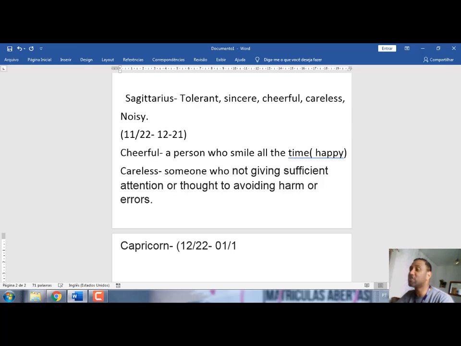What does jealous mean, guys? Jealous is a person who doesn't like to see their friends or their colleagues being friends with another one. If you are a jealous person, it means that you don't like that your friend has a relationship with another one. The relationship must be just with you, right?